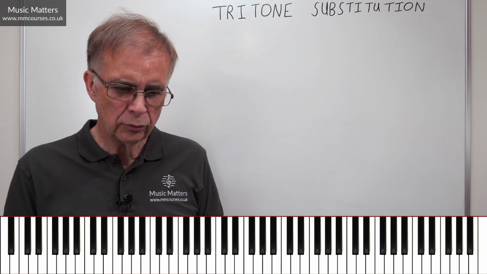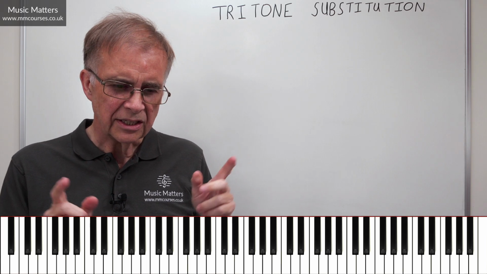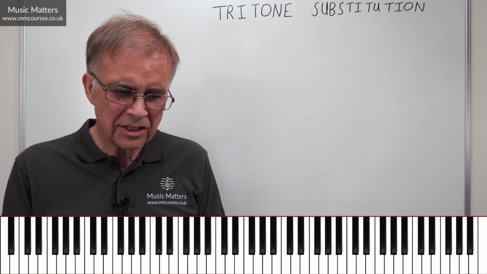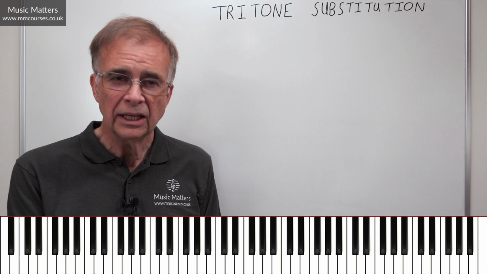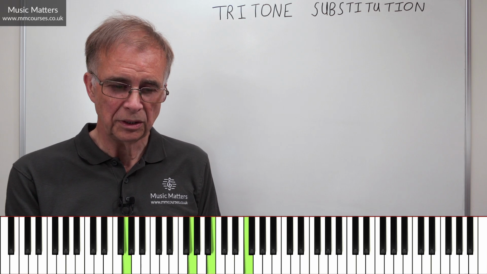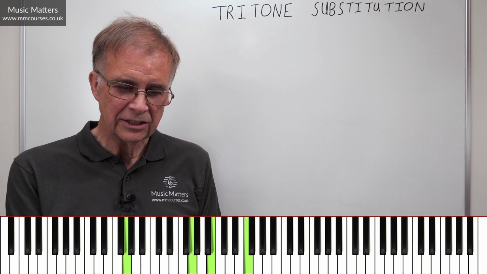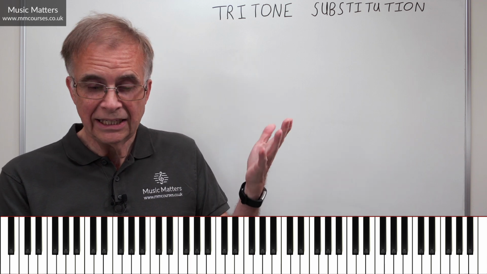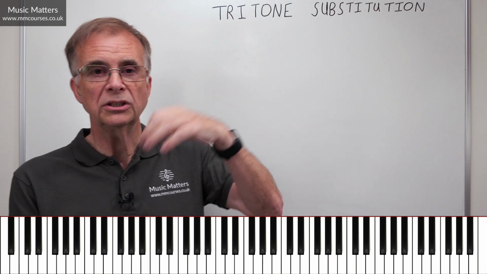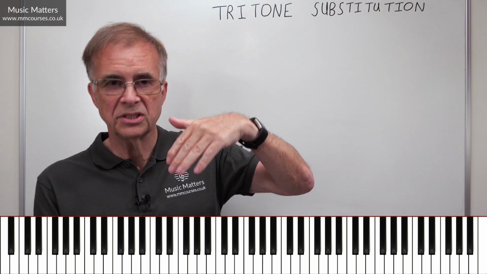And there's two kind of reasons really. The first is this: inside any dominant seventh, you've always got a tritone. So when we did that G7, remember we talked about the tritone, didn't we? B to F, there's a tritone in there. And any of these intervals, or any interval in music in fact, can be inverted. In other words, you can turn it upside down.